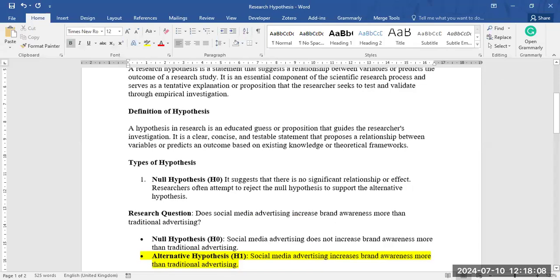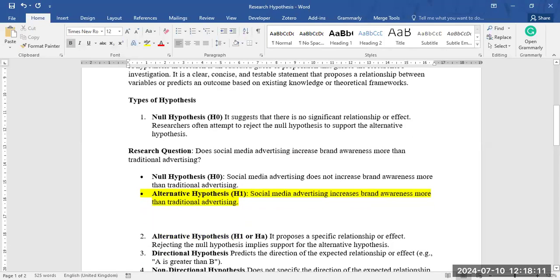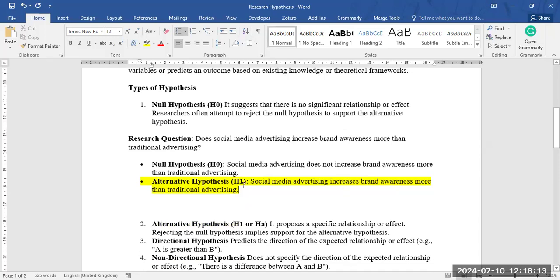Researchers always include alternative hypotheses in their study. But you should know that hypothetically there's a chance, right? So that's why the null hypothesis is also there. Social media sometimes does not increase the brand awareness more than traditional advertising.